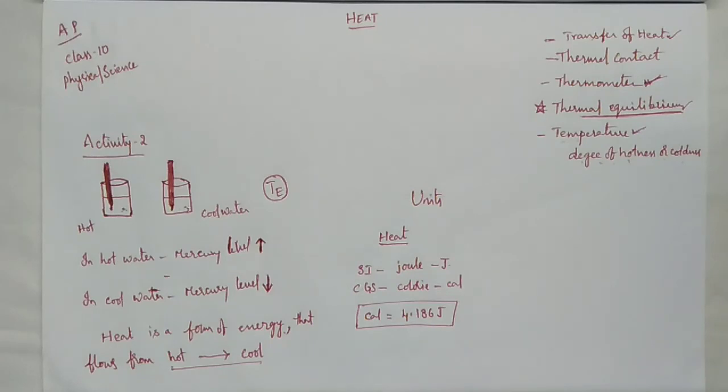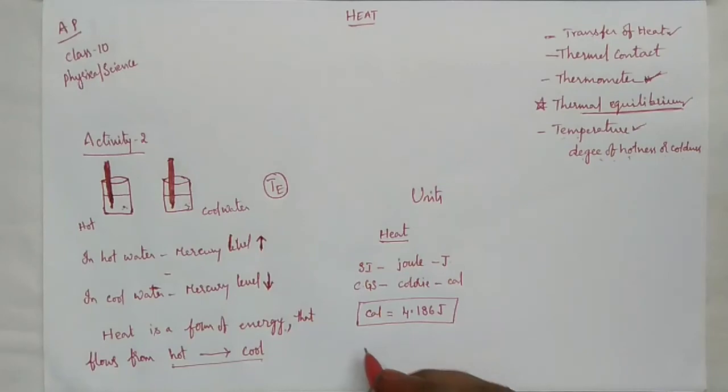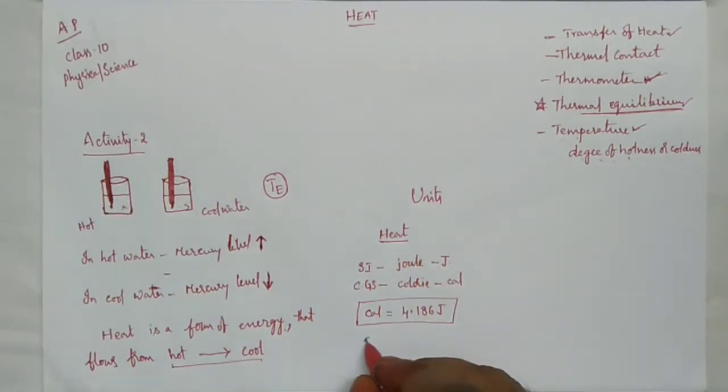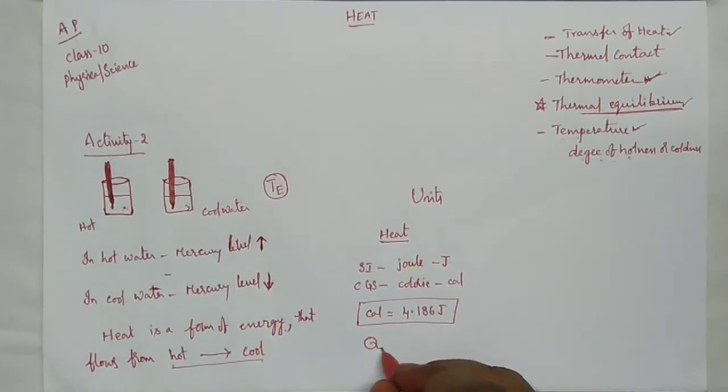A calorie is a quantity of heat required for a rise in temperature. Quantity of heat we will be coming across later. The heat quantity is denoted with Q. Capital letter Q is used to denote the heat quantity.